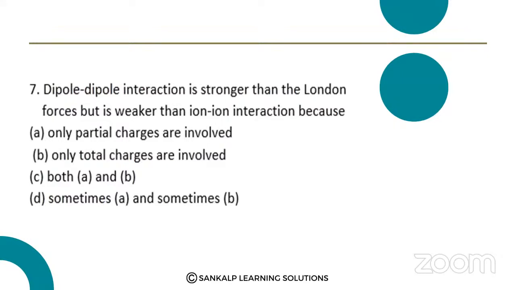B, only total charges are involved. C, both A and B. D, sometimes A and sometimes B. It is A. So only partial charges are involved. So the dipole-dipole interaction is stronger than London forces, but weaker than ion-ion interaction because of the partial charges involved.